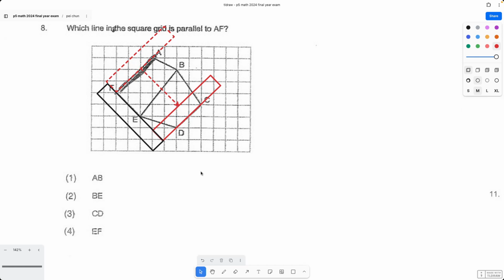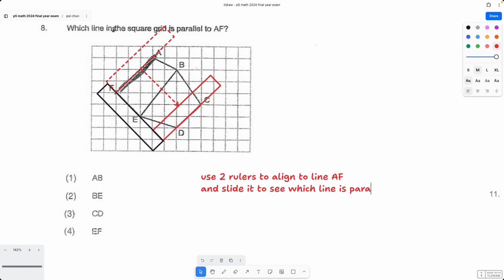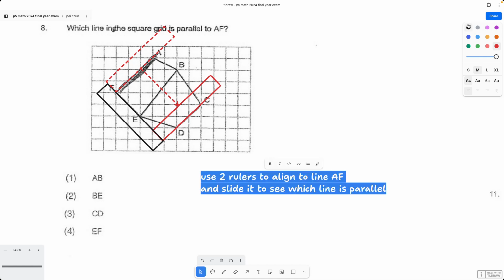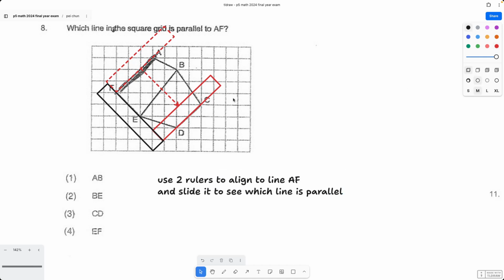So use two rulers to align to line A and F and slide it to see which line is parallel. So in this case, the answer is C and D. So that means this is correct, C and D for question 8.